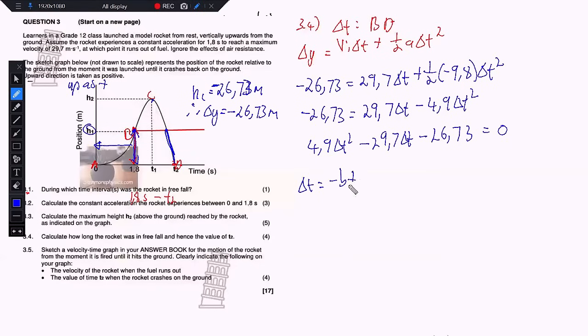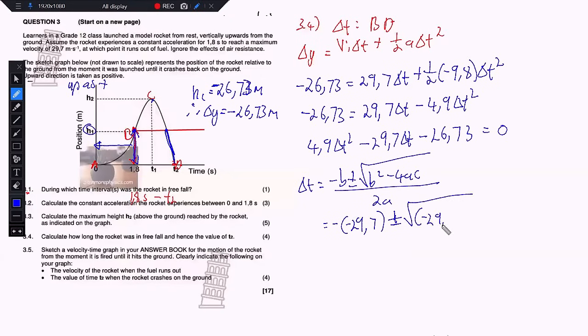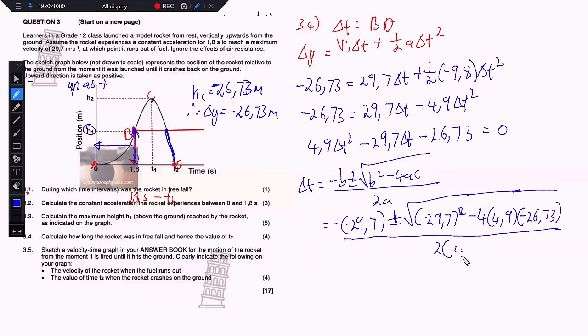So this is negative b plus or minus the square root of b squared minus 4ac, over 2a. Our b is negative 29.7, and then plus or minus, b squared is negative 29.7 squared, minus 4 times 4.9 times negative 26.73, over 2 times a, which is 4.9.